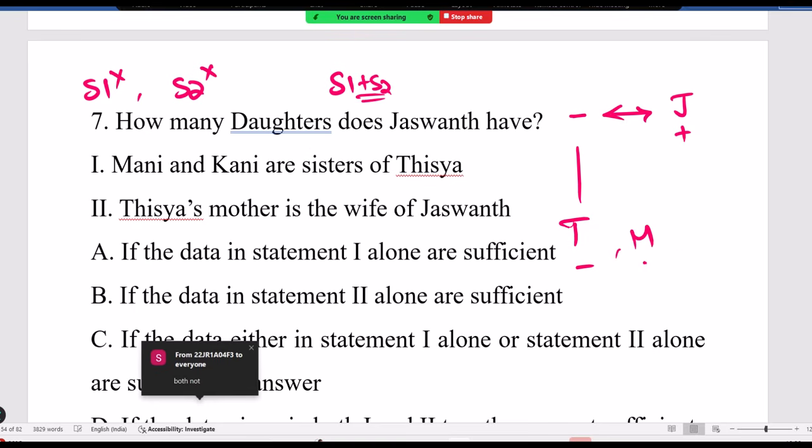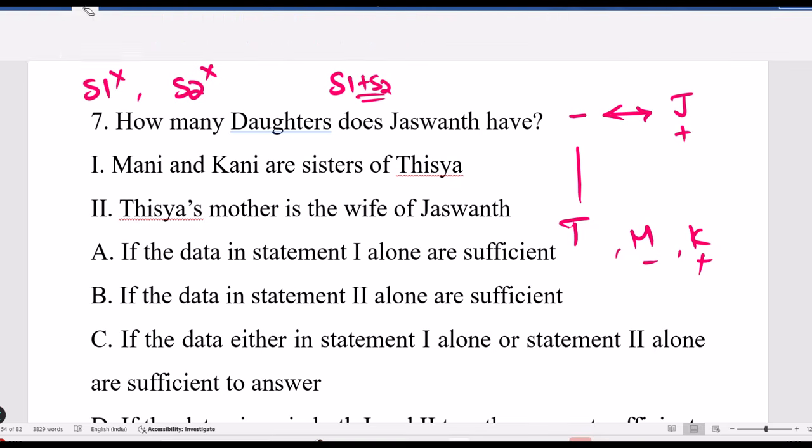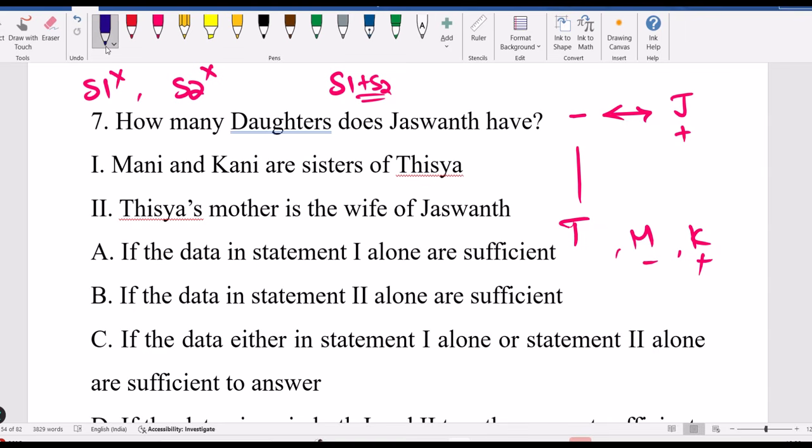Now, Mani and Kani are sisters of Tisya, but is Tisya male or female? That's again the glitch in this question.